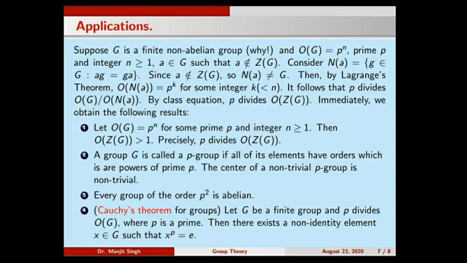We are not going to prove it here. So G is a finite group, p divides order of G, then there exists a non-identity element x belonging to G such that x raised to power p equals e. So this is Cauchy's theorem. Okay, now we have discussed some applications of the class equation too.